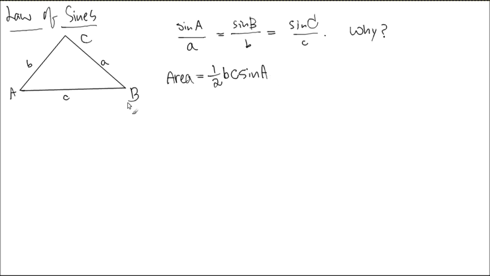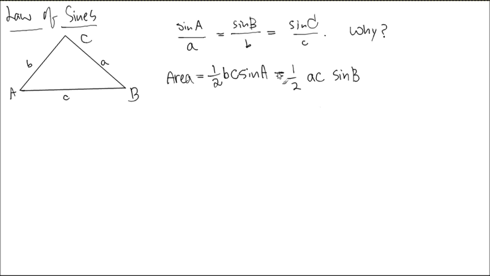But if I look at the angle B, that's a different formulation, but would you agree that it's going to be the same area, because it's the same triangle looking at a slightly different perspective, right? So if I do this with the angle at B, what are the two adjacent sides? A and C, so you put A and C there, right?